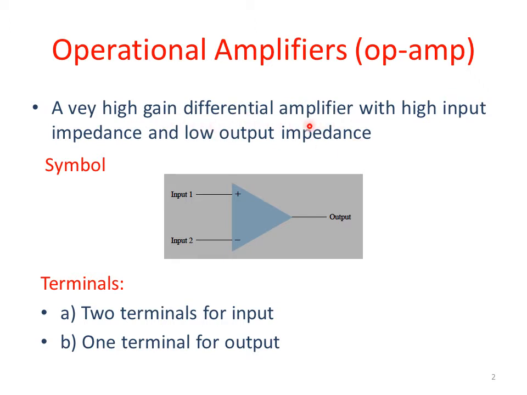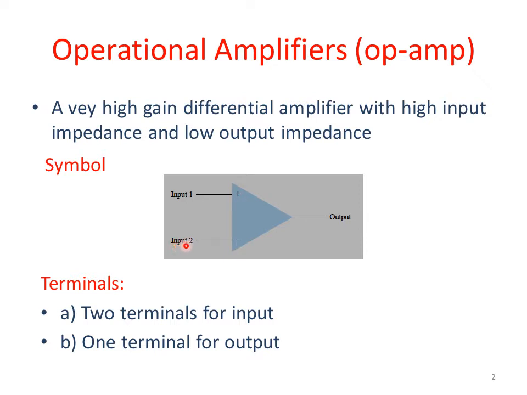Before we see the word differential, let us look at the input terminals of the operational amplifier. Usually for any circuit we have one input and one output. However, in case of an operational amplifier, we have two inputs available. One is input terminal number 1, which is the positive input.